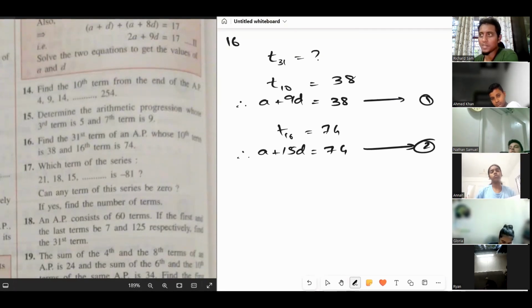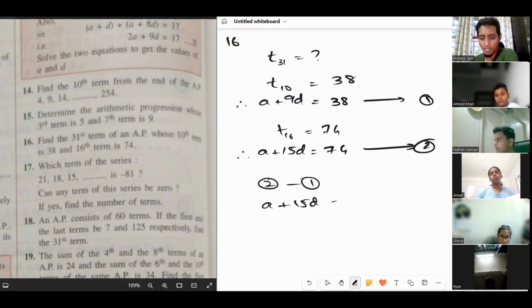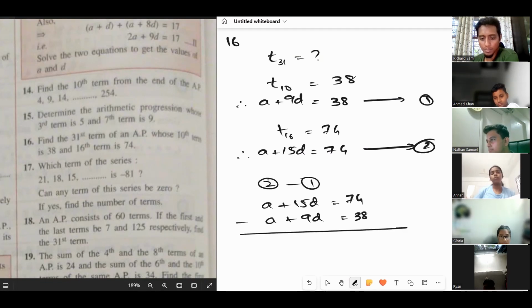Add these two or subtract? Subtract. See, A is common already. Okay, so we can just do 1 minus 2 or 2 minus 1. 2 minus 1 will be better. 2 minus 1. So that is A plus 15D is equal to 74 minus A plus 9D is equal to 38.